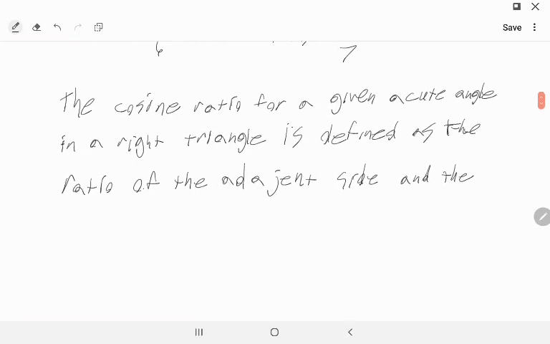So it's very similar to the sine ratio. And if you took a full-on course in trigonometry, you'd notice a lot of very interesting similarities between sine and cosine.